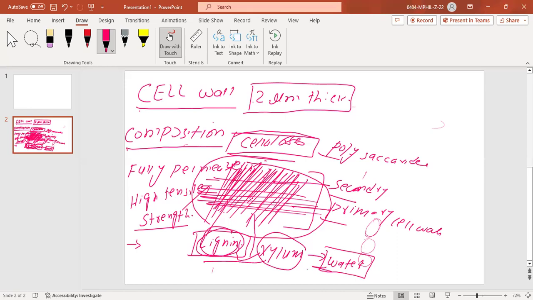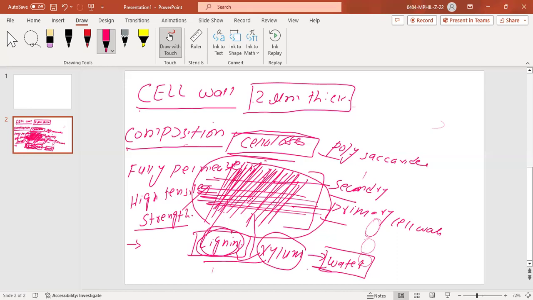So this was the cell wall. Again, I'm concluding this composition. I have told you there are two layers of cell wall. The first is the primary cell wall, which is parallel structures of fibers arranged horizontally.